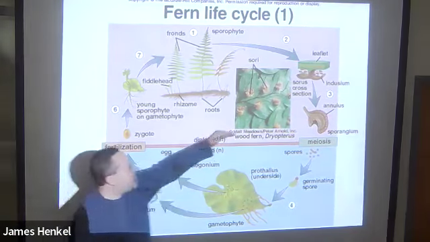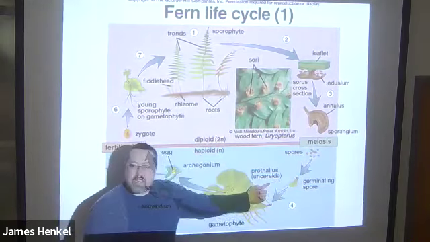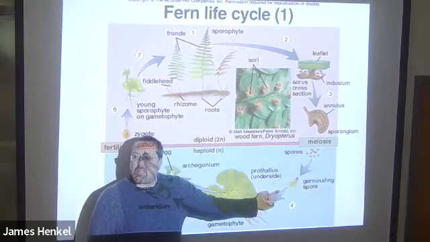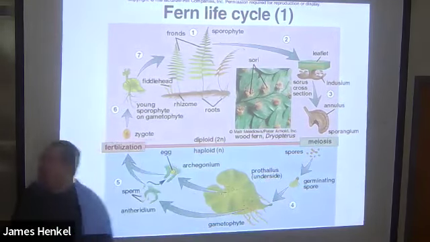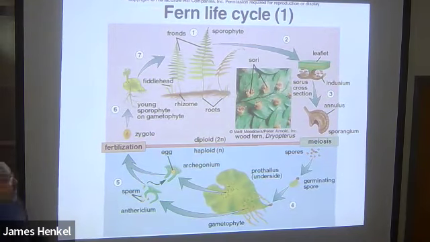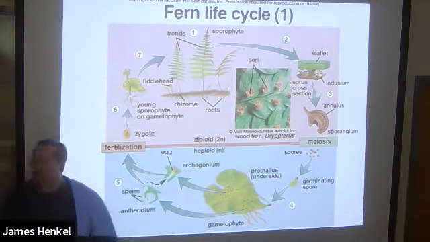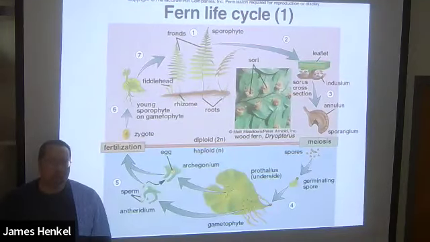As soon as they undergo meiosis, the spores in there can be released. And when they land on a correct moisture-filled surface, they will grow into the prothallus. I would like you to know that term.